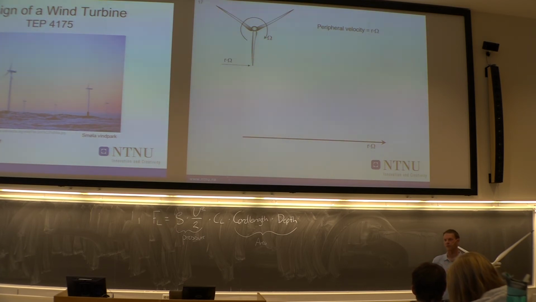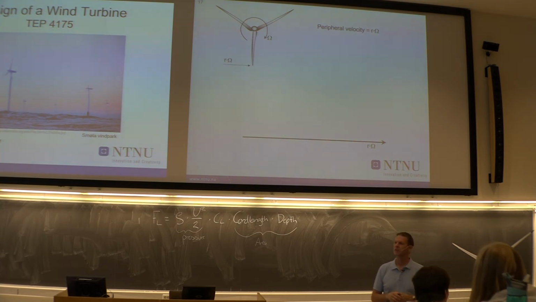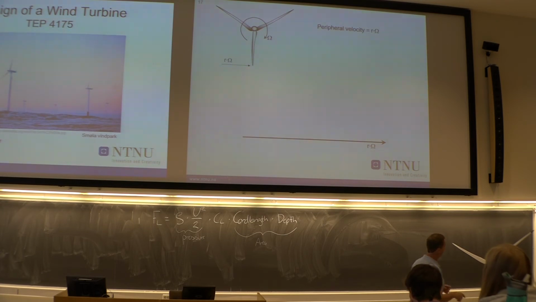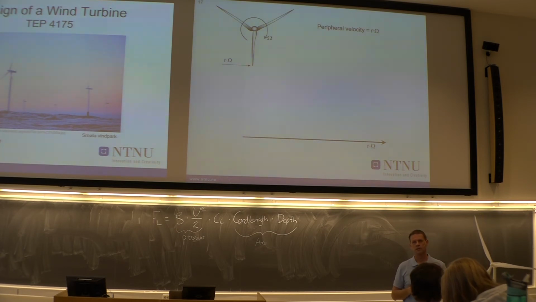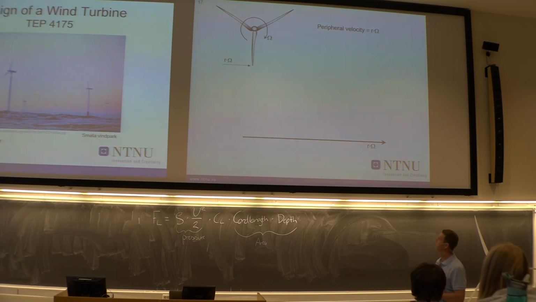We are talking about a relative velocity here. We are rotating and the wind velocity will be changing. Something that was hard for me to understand the first time I saw this was that the tip of the turbine blade is actually rotating 5 to 10 times faster than the wind velocity. How is that possible? I will try to explain that now.